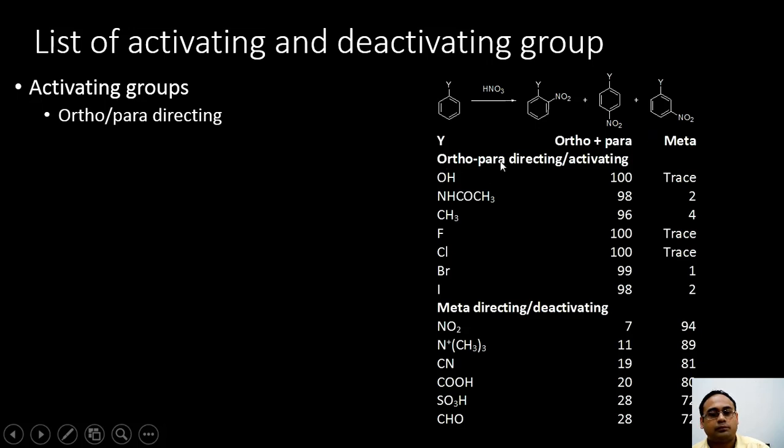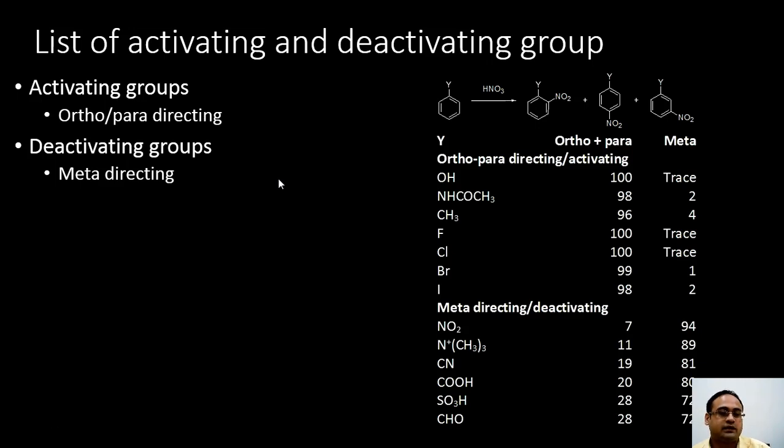But whenever a group is ortho, para directing or activating, it will lead to the formation of the ortho and para products as the major products, and only trace amounts of meta substituted compounds will be formed. When these aromatic rings are substituted by deactivating groups, we find that meta substituted products are formed.